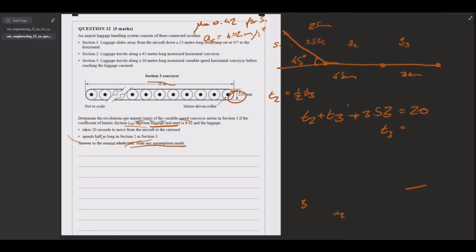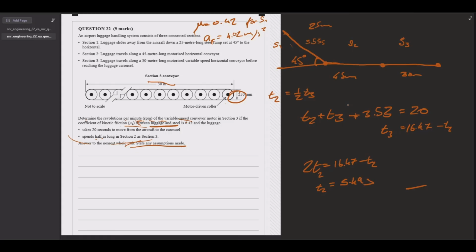We're going to get 16.47 minus T2. And we sub that back in there, 2T2 is going to equal 16.47 minus T2. So T2 is 16.47 divided by 3, which is 5.49 seconds.